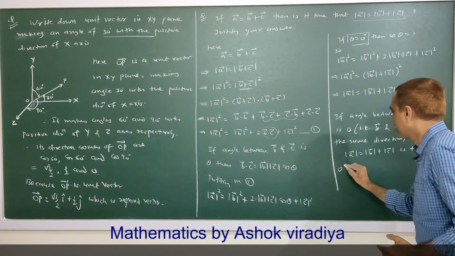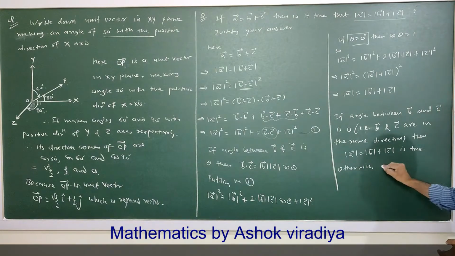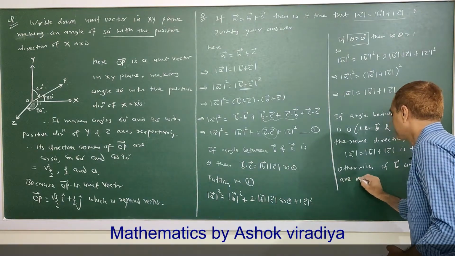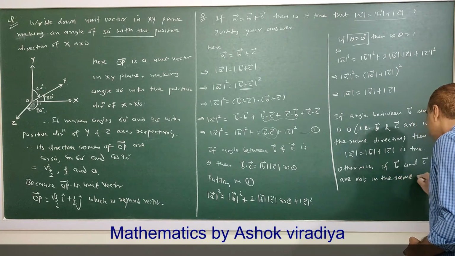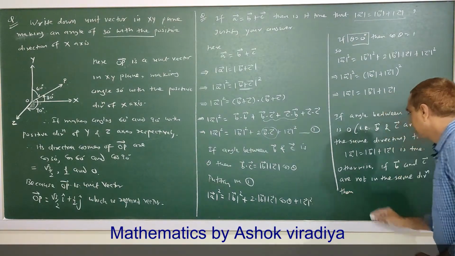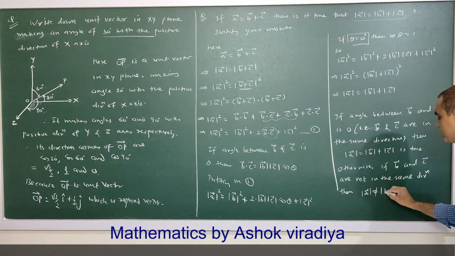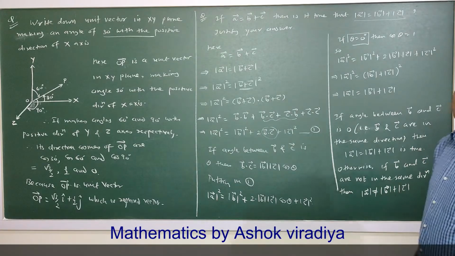Otherwise, if vector B and vector C are not in the same direction, then magnitude of vector A is not equal to magnitude of vector B plus magnitude of vector C. So this is the explanation.